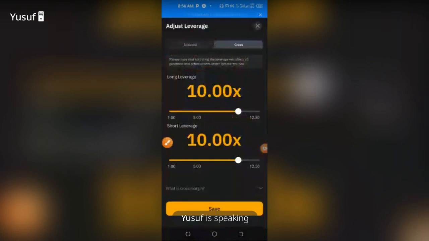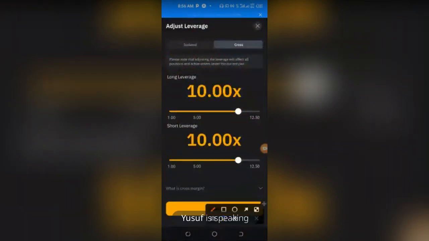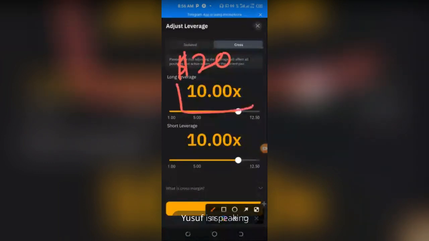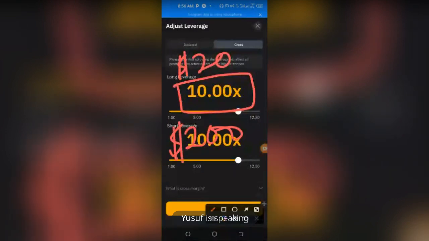When I use 10x, it means that I have $20 to trade, but I need you to lend me 10 times the money I have. So I will have the capacity to trade with $200. That's the meaning of the 10x. You just multiply this 10x by the amount of dollars you have.